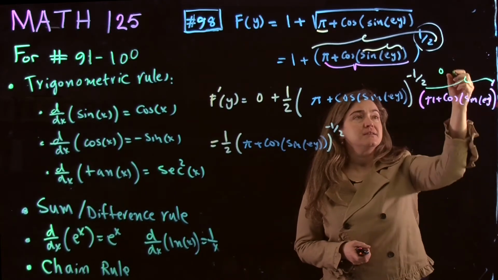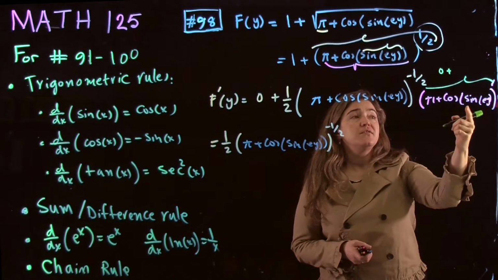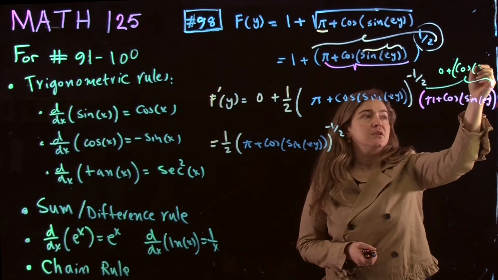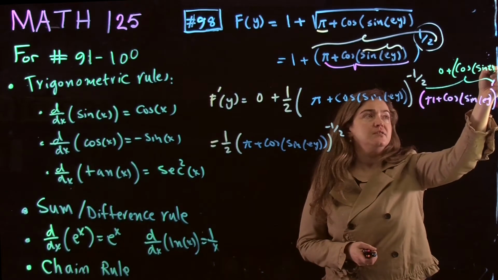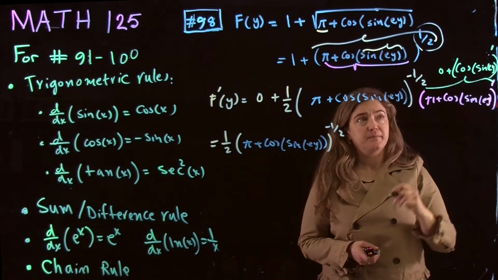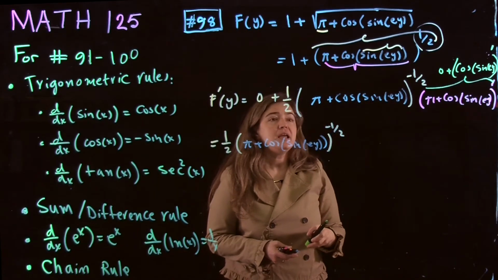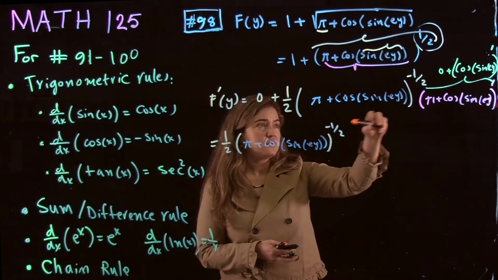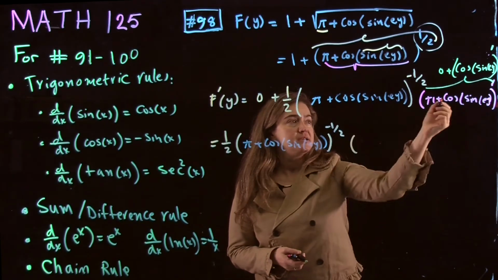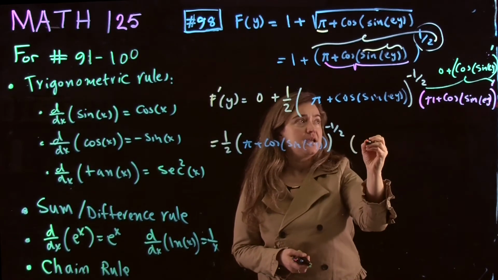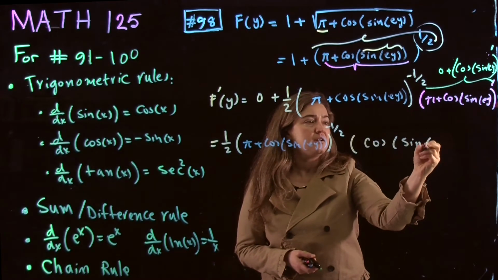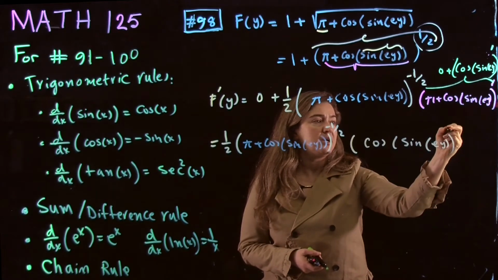Then plus the derivative of cosine of sine of ey. Let's write this down. So the 0 goes away, and we have the derivative of cosine of sine of ey.